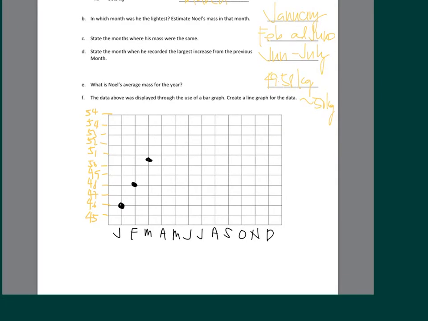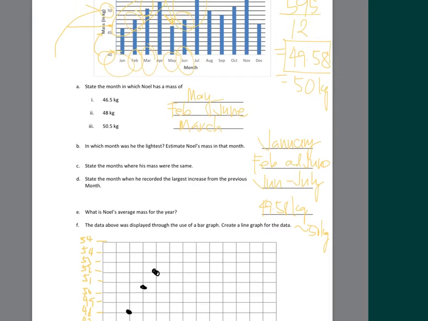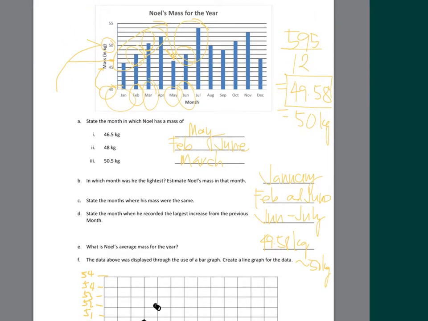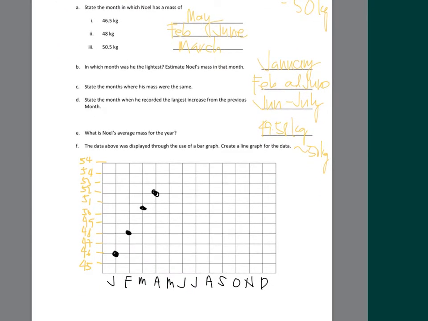April is 52, so we have the 52 mark. For May, we have 46.5. So there's a drop in the number. May is 46.5 in the middle.